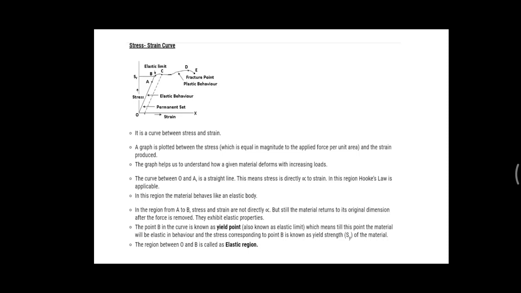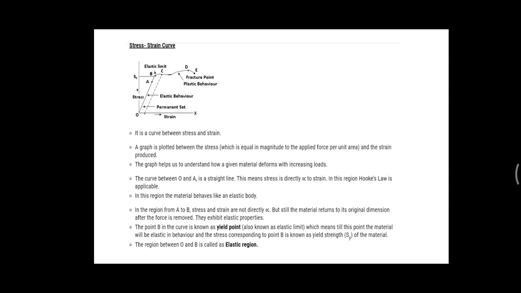So you can see from origin O to A, the curve is a straight line. So that means from O to A, the object is under elastic behavior.